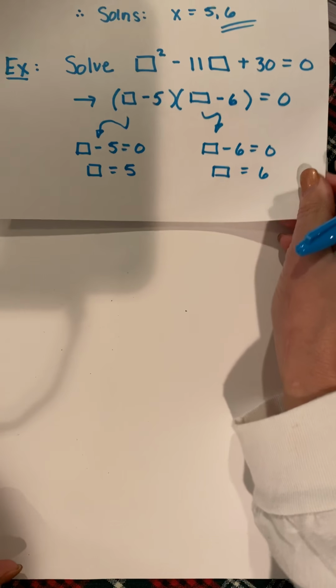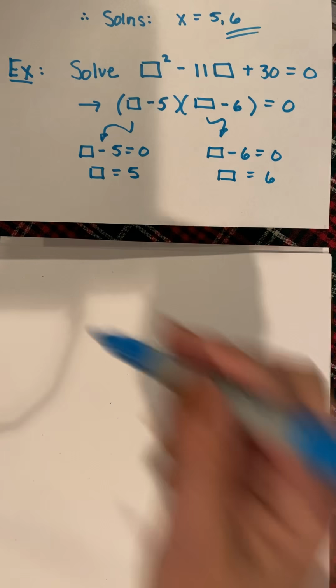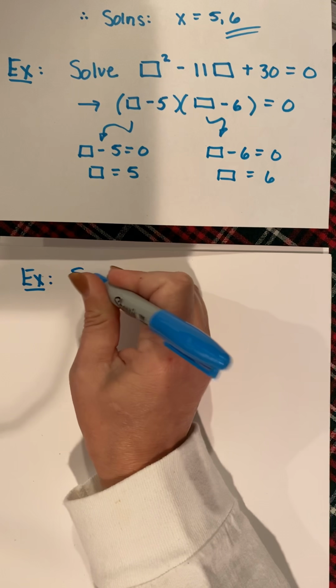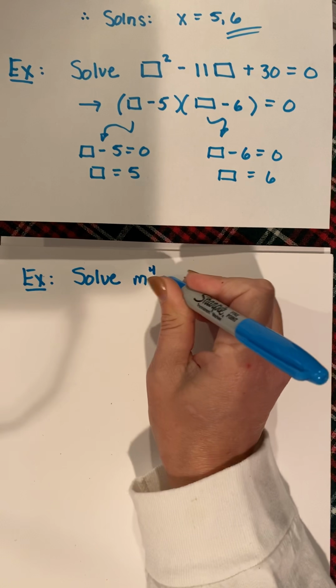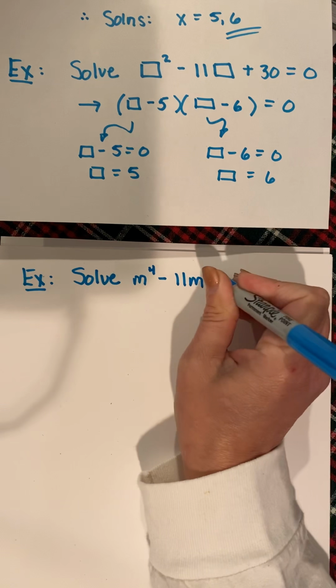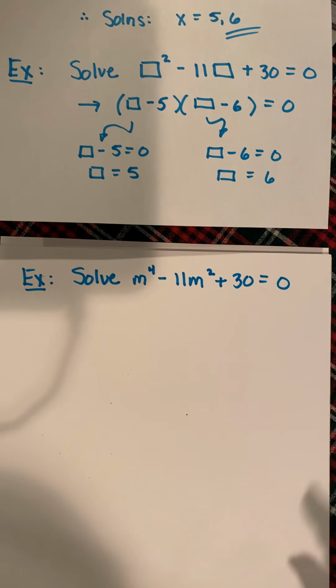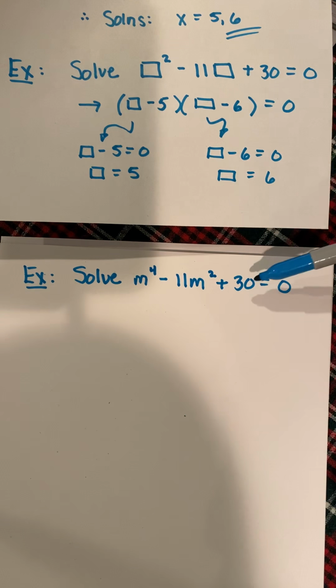All right, so that being said, let's look at this example. Let's suppose I asked you to solve m to the 4th minus 11m squared plus 30 equals 0. Now notice this has a lot of similarities with the previous problem. We have the constant of plus 30 on the end.